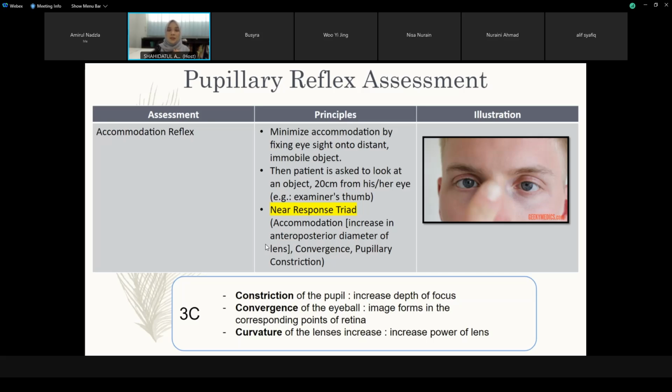That is the medial recti contraction we discussed, and then the curvature of the lens increases. This means your ciliary body muscles will contract and relax the zonules so that your lens becomes more curved, focusing the image slightly forward and increasing the power of the lens. Okay, so you need to know these 3 triad.